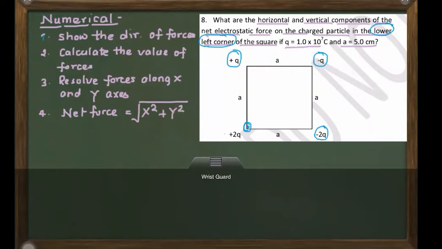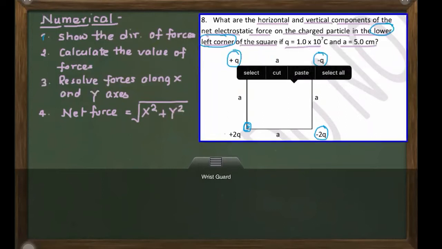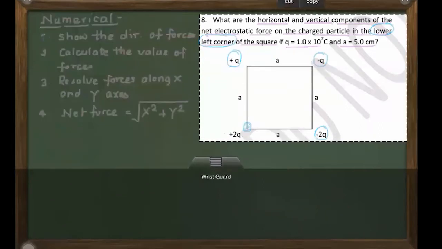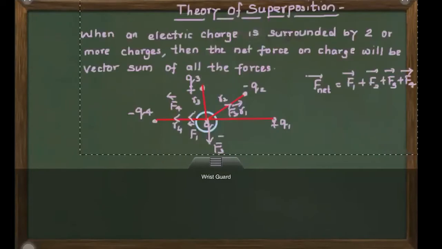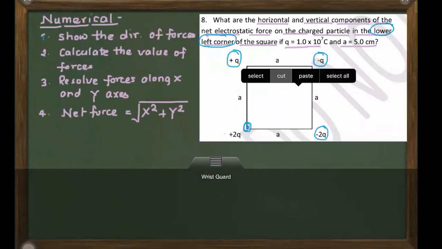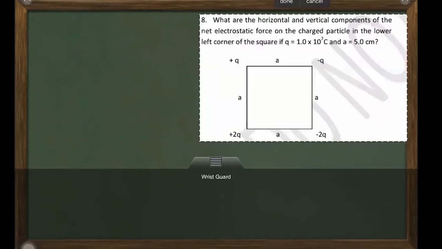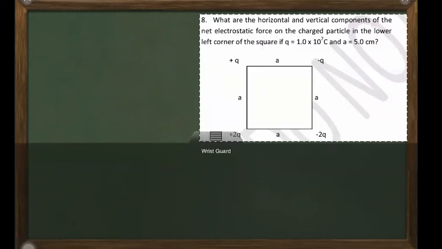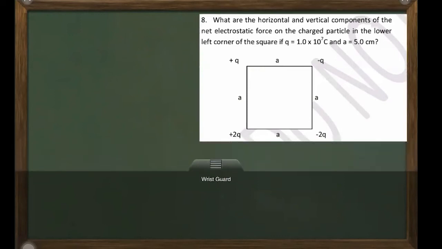So here, if I'm going to take this part to solve here, if we solve this numerical, we can say that this is the point charge where we have to find the value of force or the desired thing which is asked in the question, horizontal and vertical component.